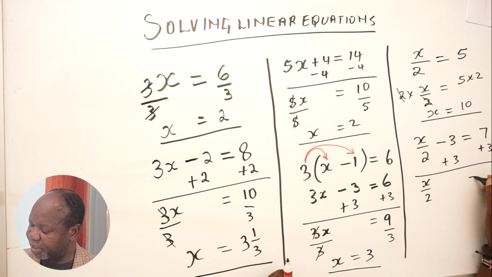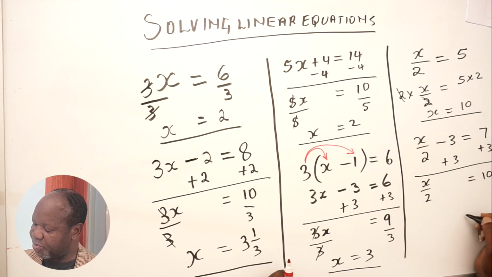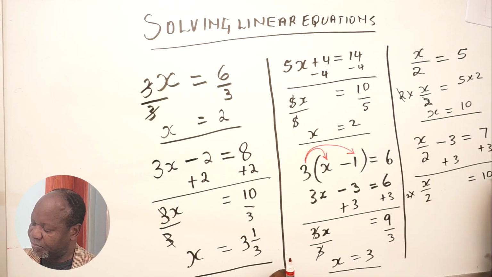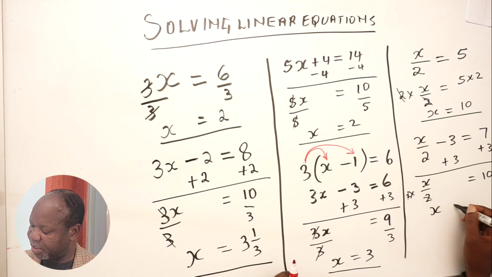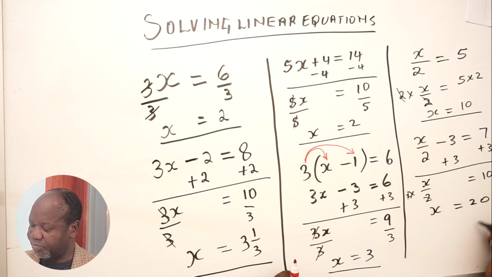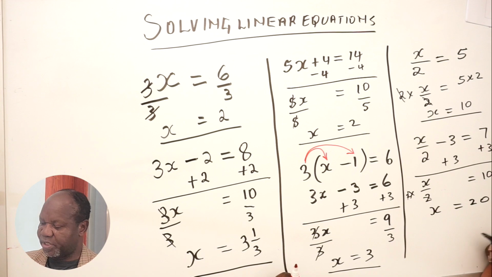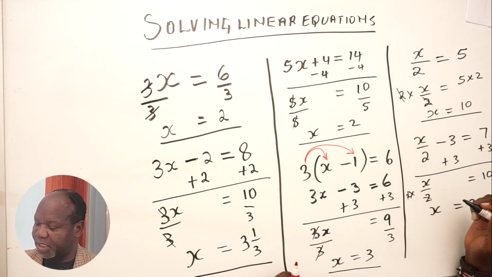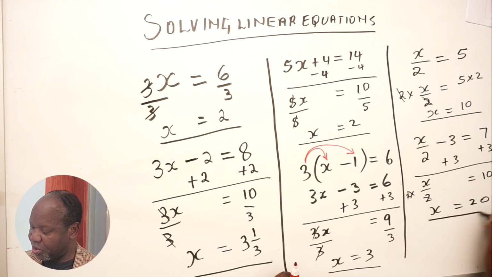So x over 2 is 10. Then proceed by multiplying by 2 both sides. This 2 cancels this one, and you can see x is 20. Okay? So when you have these fractions, sometimes you end up multiplying, and that would cancel everything off.